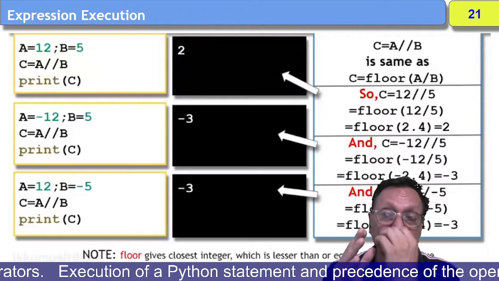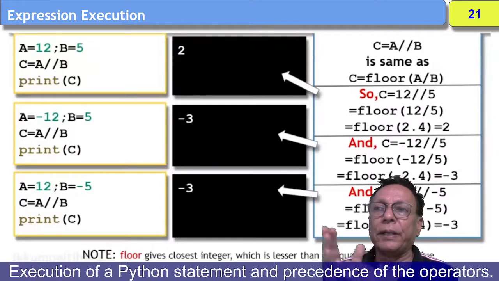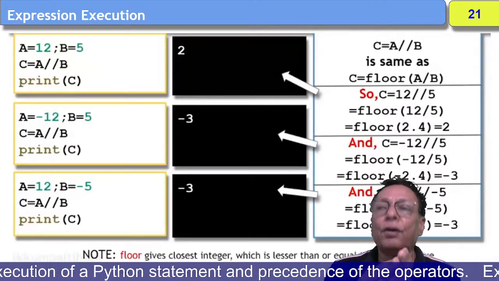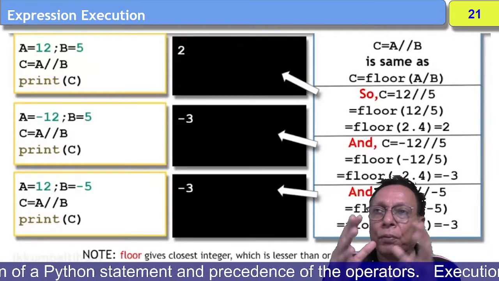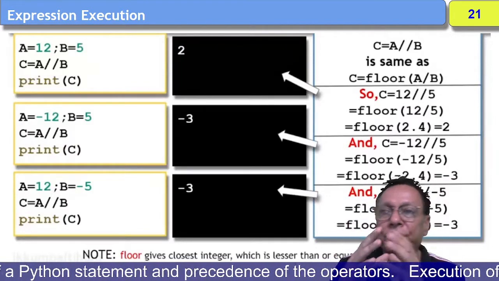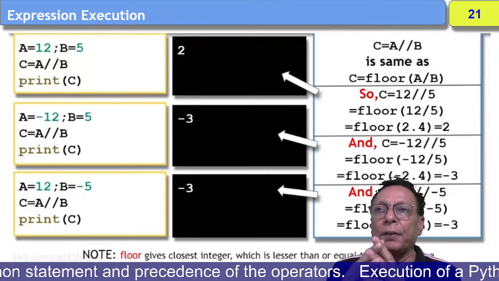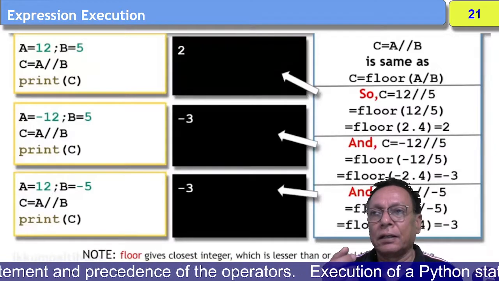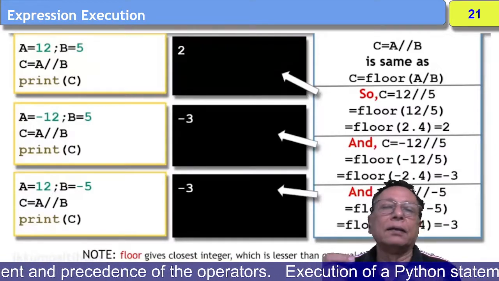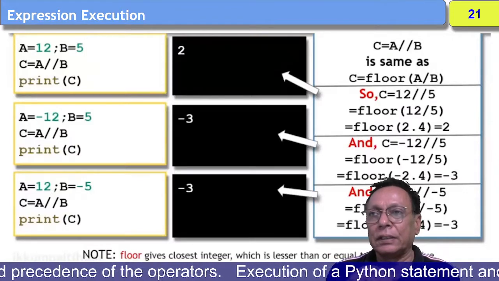And when you divide any negative integer by a positive or positive by a negative, most of the teachers or many of the teachers used to say that put the minus aside and then follow the division.